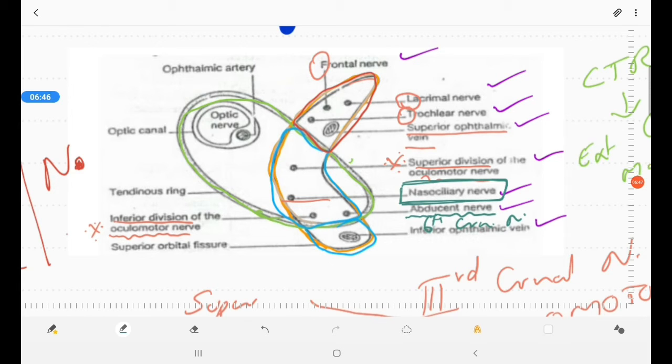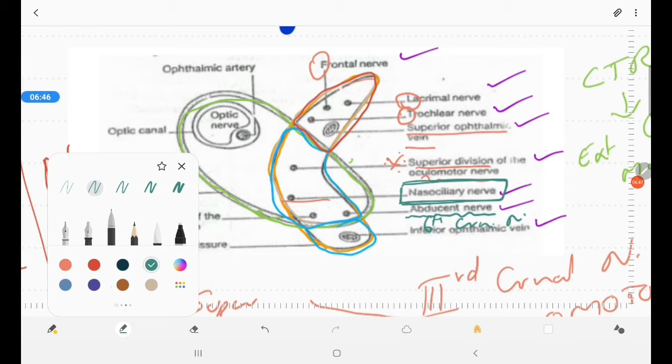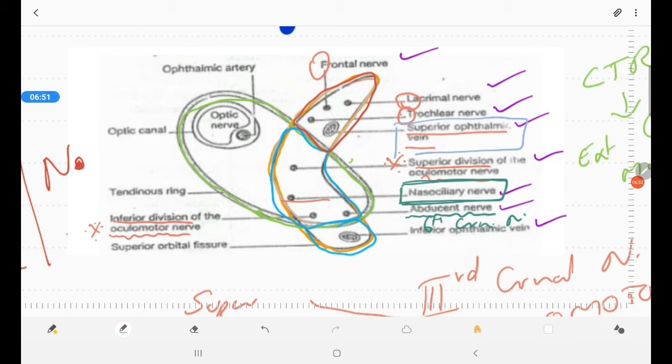Now we had a superior ophthalmic vein in the upper division. So there has to be an inferior ophthalmic vein. So this is the inferior ophthalmic vein, which is in the inferior part of the superior orbital fissure. Now they will ask you, what are the structures in the common tendinous ring?